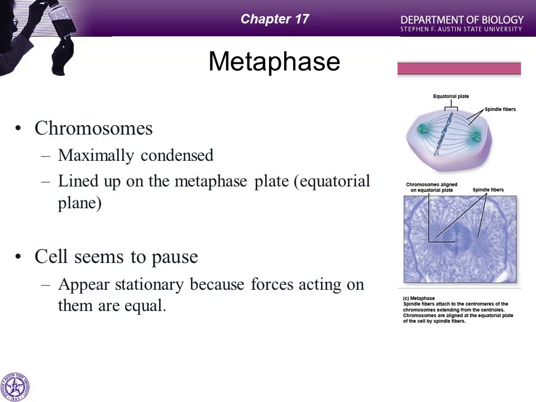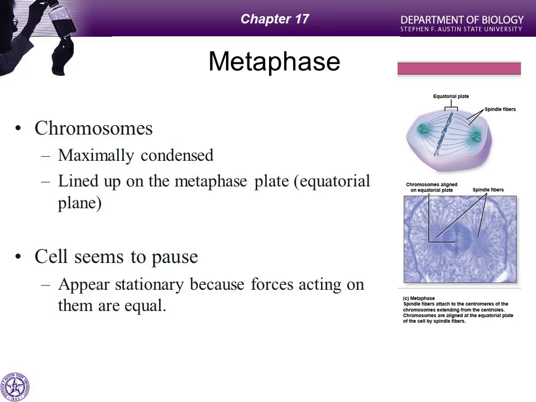And then our cells pause for just a second. We're not going to get into a lot of detail, but in the cell cycle, there are a lot of places where there's a pause, and the cells check themselves out. Have you ever watched those launches of the space shuttle and those rockets and everything?